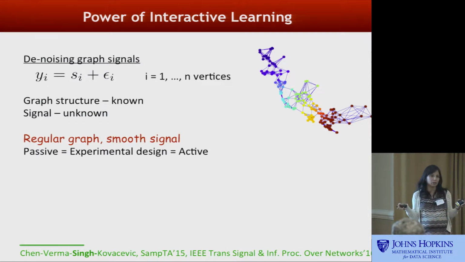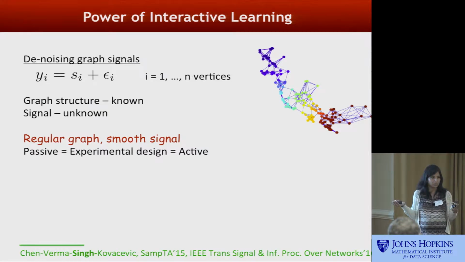If my graph is regular, say it's a grid graph, a very regular graph with uniform degrees, and my signal is smooth, meaning it's nice and changes gradually over this graph. In that case, there's nothing special about the graph. Every node is equally important in some sense, right? And because my signal is smooth, no particular node is more important than any other.